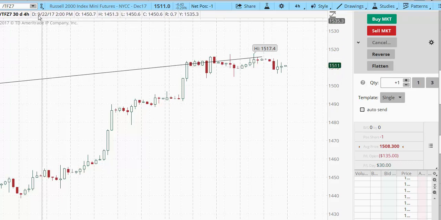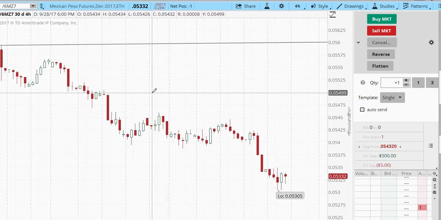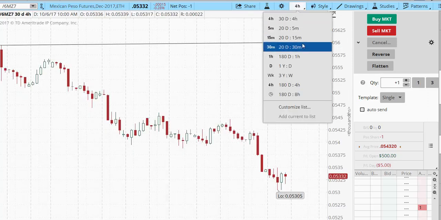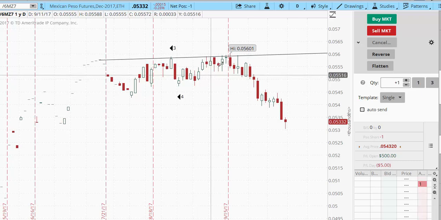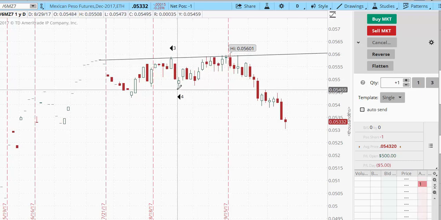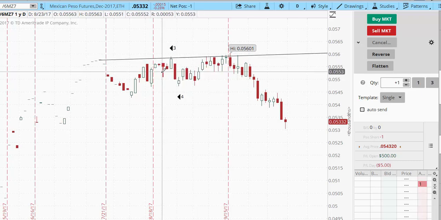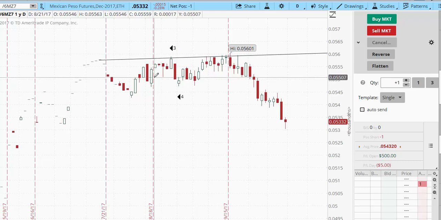Okay. Let's take a look at Mexico. Okay. Mexican peso, real simple. 5, 4, 3, 2, 1.